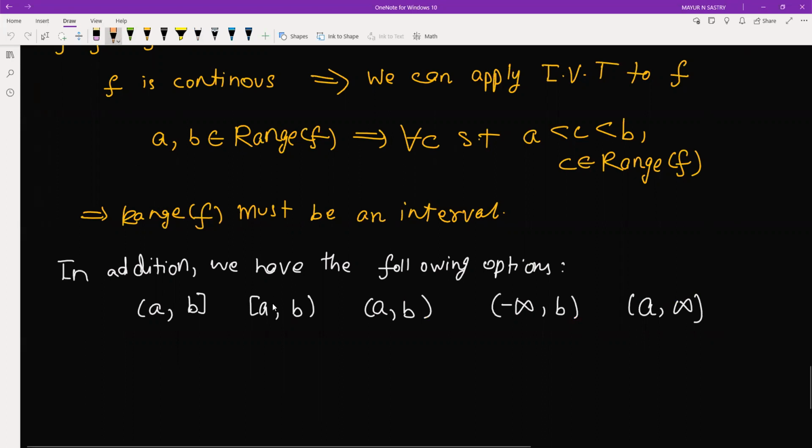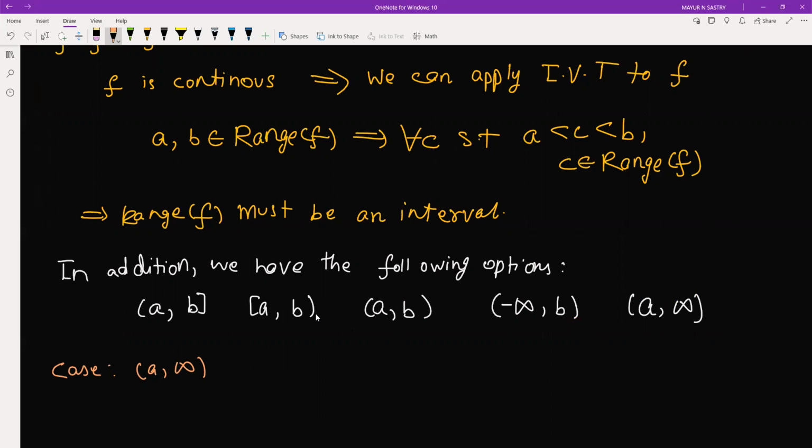So I'm going to just take one case. Suppose we take the case open a comma infinity, and it's clear that for open a comma b closed, the same idea will work.